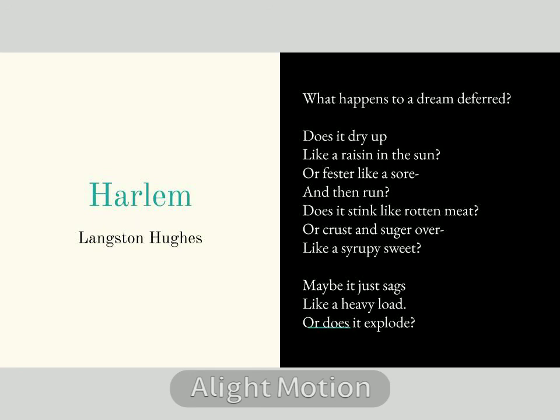So almost the entirety of the poem is based on different similes, where the deferred dream is compared to a lot of different things. And notice how this dream, dreamt by a race of people, this abstract idea, is compared to a lot of concrete entities in order to explain it more clearly.